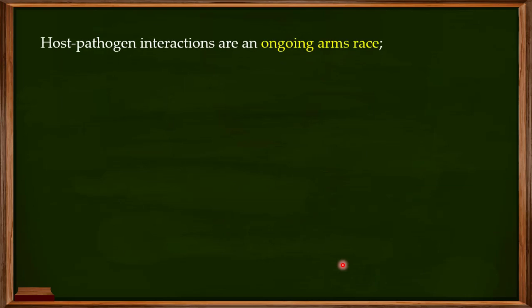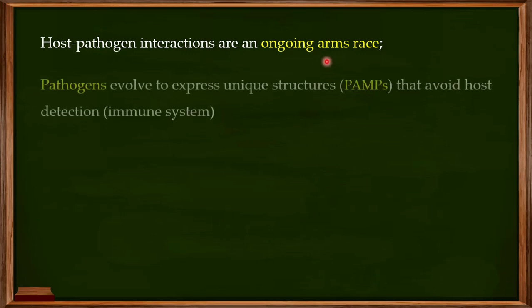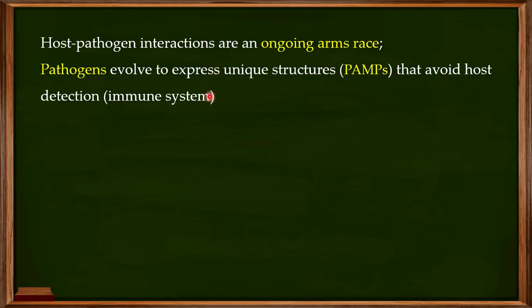Now in this particular video, I want to focus on the fact that host-pathogen interactions are an ongoing arms race. What I mean by that is that pathogens evolve themselves to express unique structures. By that I mean they evolve to express unique PAMPs that avoid the host detection system, thereby enabling them to increase their population.